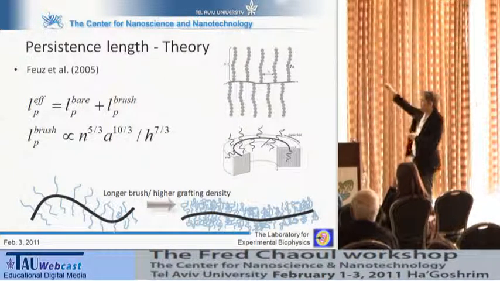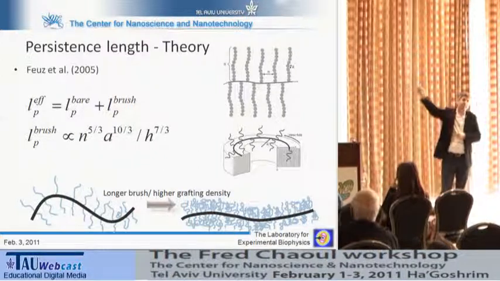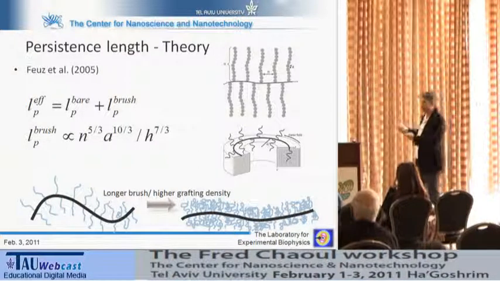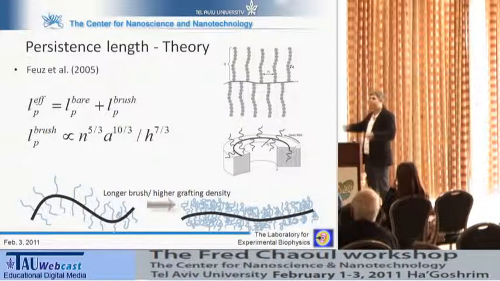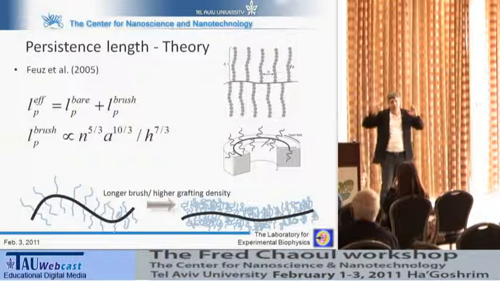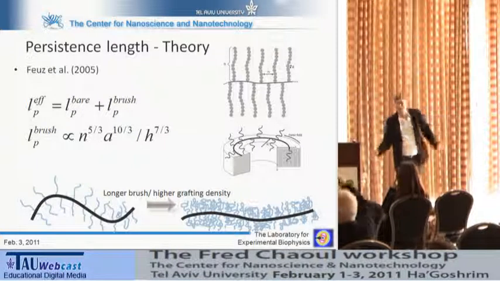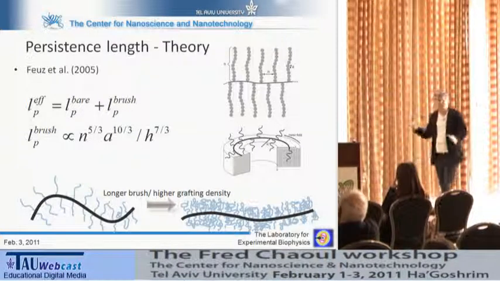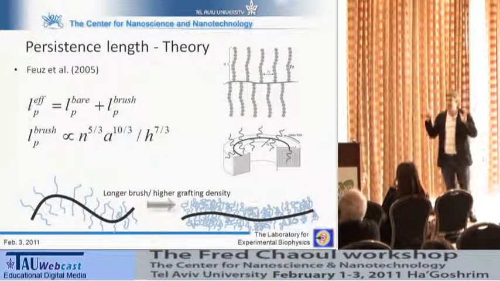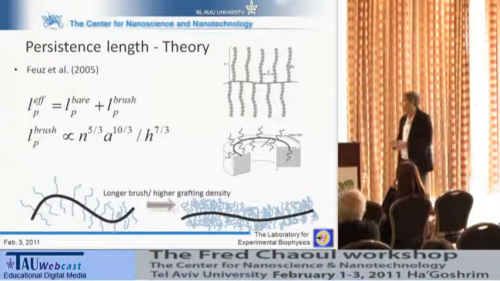The longer the brush hairs are, or the tighter they are attached to the backbone, the more they are going to repel each other and stretch it out. Right? This is just common logic. We didn't need to wait until 2005 to understand it, but now we also have the formula for that. Okay, so this all makes sense, right?